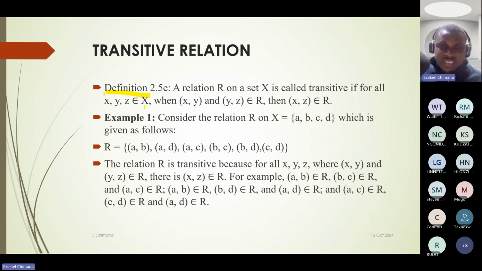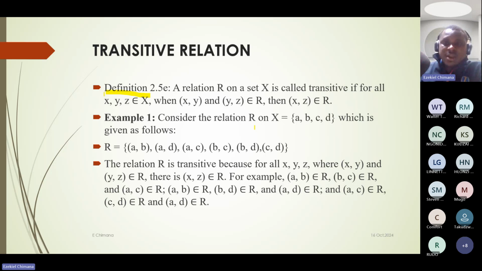That's the transitive relation. If x knows y, and y knows z, it means x and z know each other through y. That's what we have done on composition of a relation. So this is what we call the transitive relation.